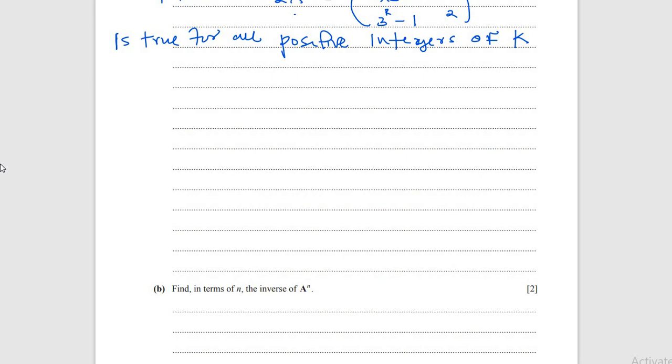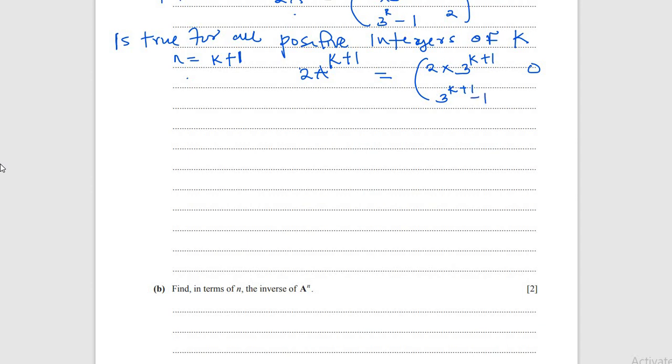And the last step in mathematical induction is that we now put n to be k plus 1. If n equal to k is correct, we have to find a way to prove that it is also correct when you increase k by 1. So for n equal to k plus 1, the equation will turn to 2A raised to the power k plus 1 equal to the matrix 2 times 3 raised to the power k plus 1, 3 raised to the power k plus 1 minus 1, 0, 2.